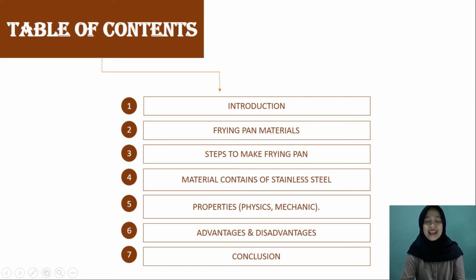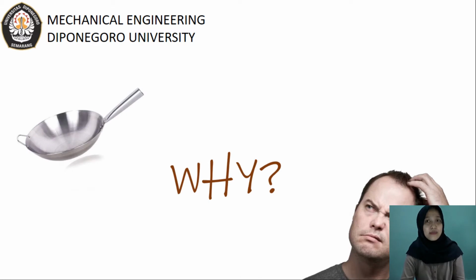So for the first slide, do you see the picture shown in the slide? What do you think about it? Yeah, this is a frying pan. So what is the correlation between the frying pan and the research we would like to discuss?